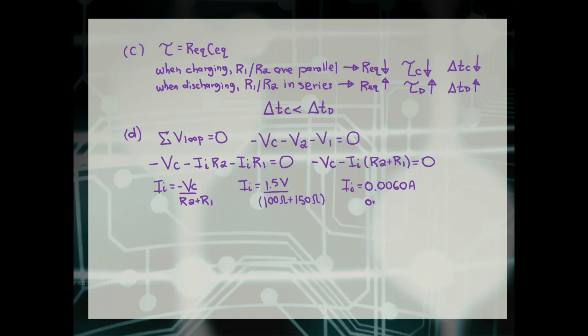Or if you want to, you could write it in scientific notation as 6.0 times 10 to the negative third amps, or 6 milliamps, I guess. Okay, so that's my initial current value. Okay, that's part I of D.